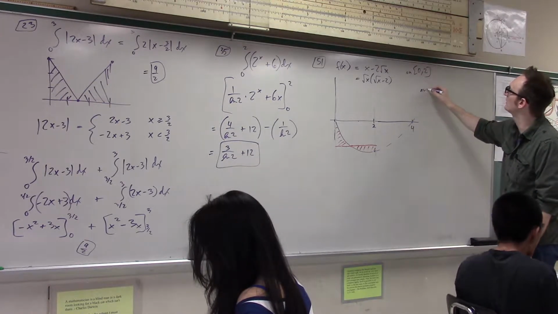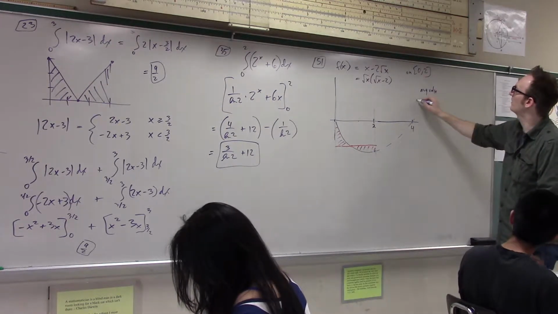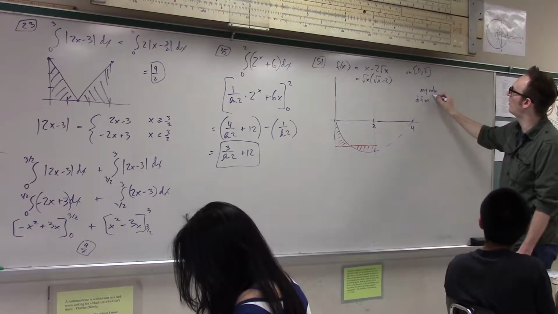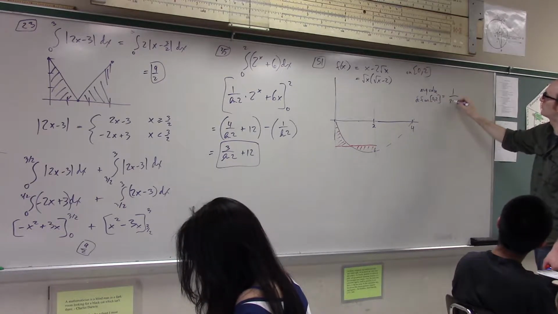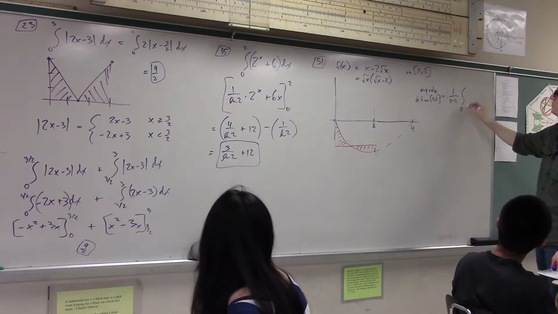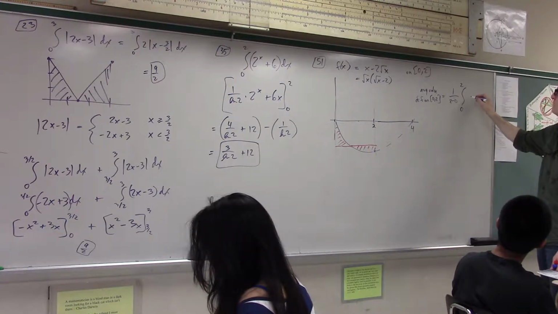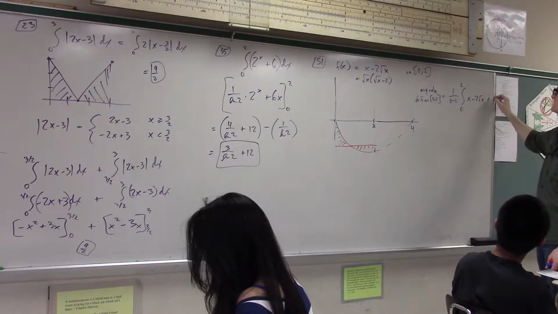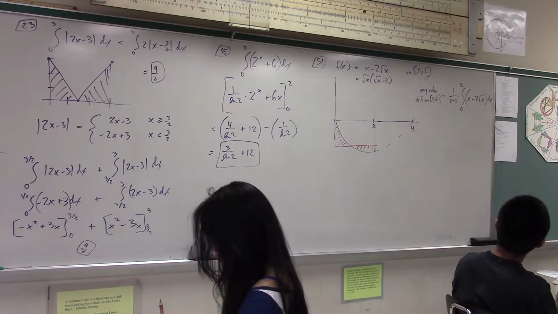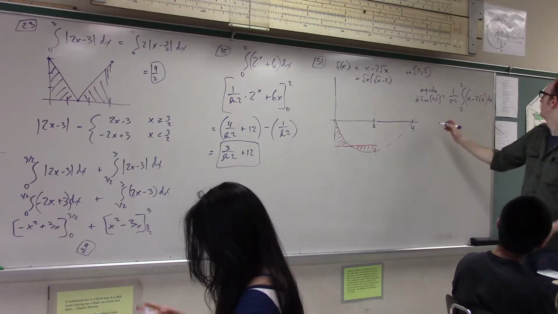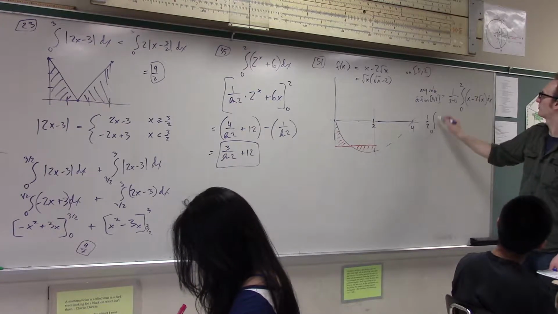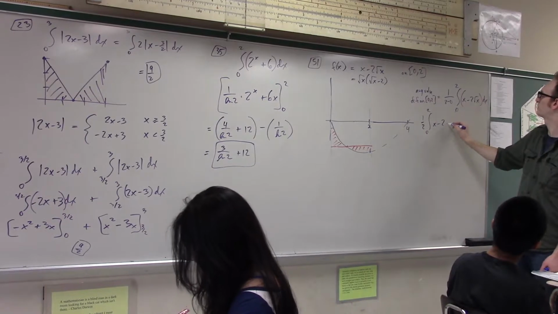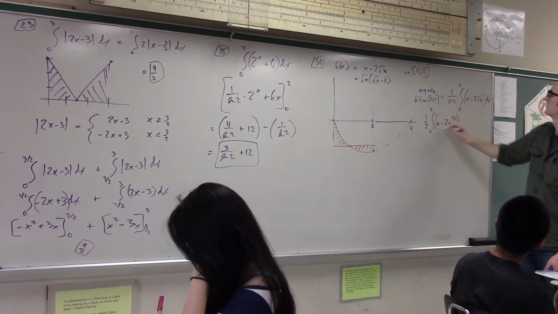What is the average value of a function? By definition, the average value of f on the interval 0, 2 is 1 over 2 minus 0 times the integral from 0 to 2 of x minus 2 root x dx. So let's compute this integral. It's 1/2 the integral from 0 to 2 of x minus 2x to the 1/2.